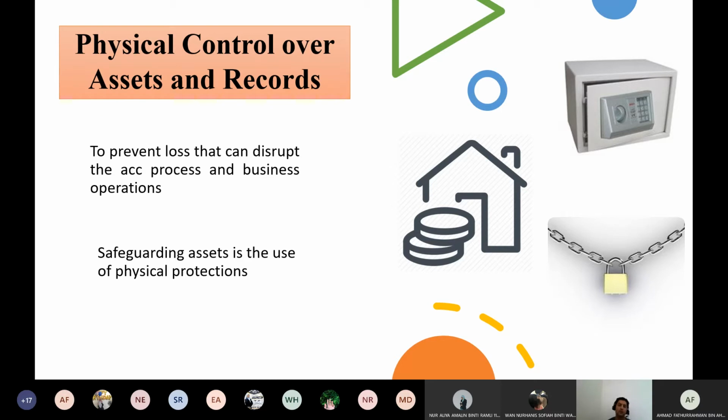This is to prevent loss that can disturb the accounting process and business operation, and it is a kind of safeguarding the assets. It is the use of physical protection, such as CCTV, or we have 24-hour security, and so on.